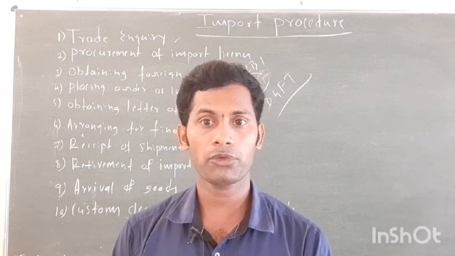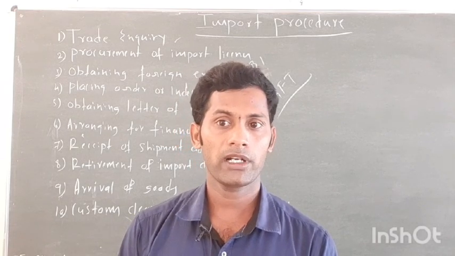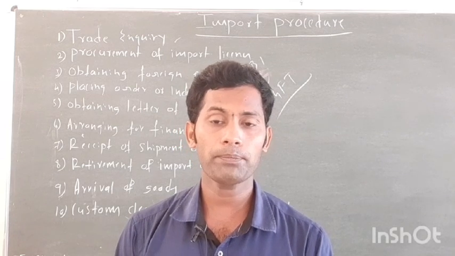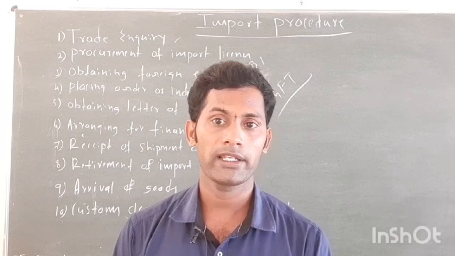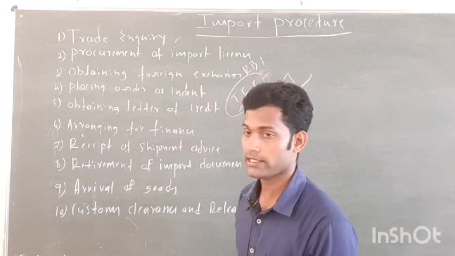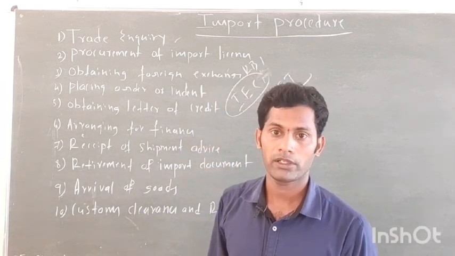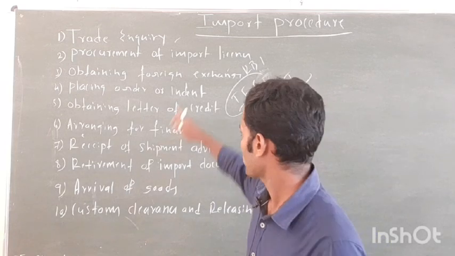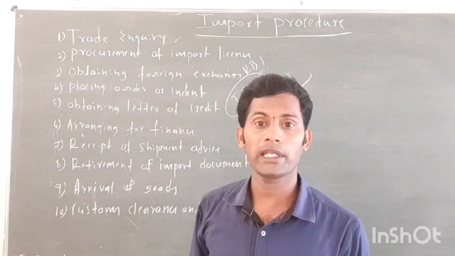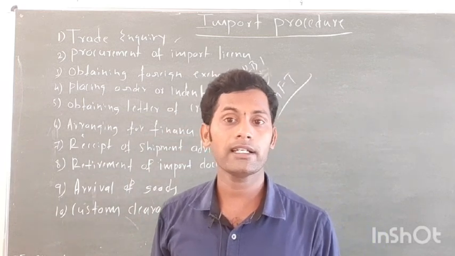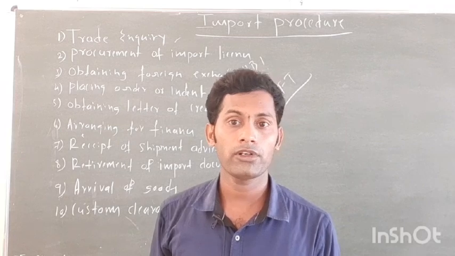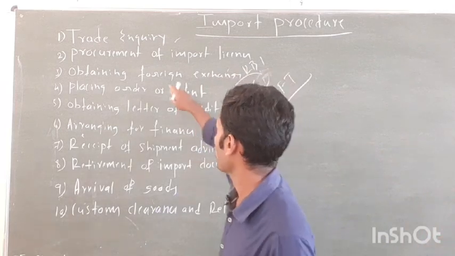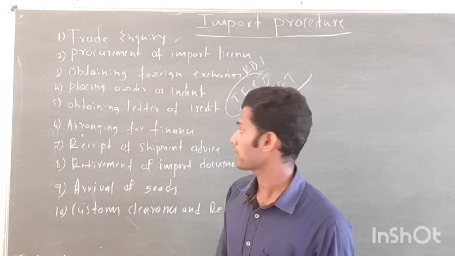For the exporter, we have to pay in dollars, but we have rupees. So what to do? The importer has to apply for foreign exchange, for dollars, with the foreign exchange department of RBI. The importer pays the rupees, then collects the dollars to pay the amount to the exporter. That is what we call obtaining foreign exchange.